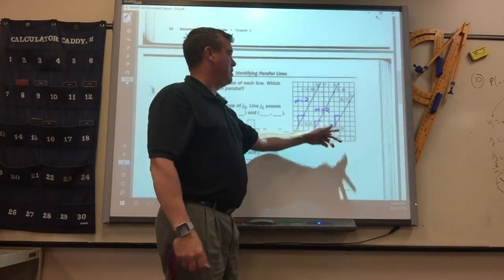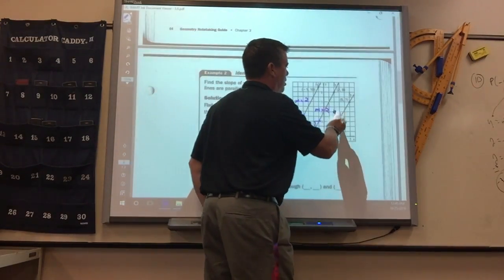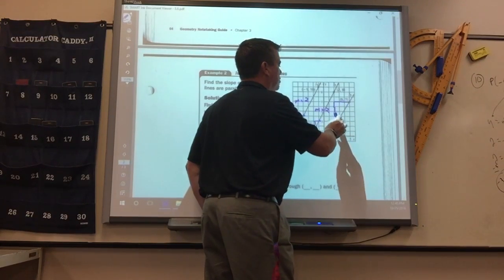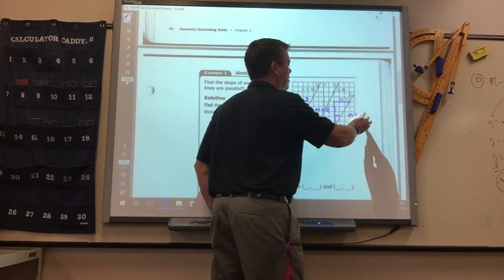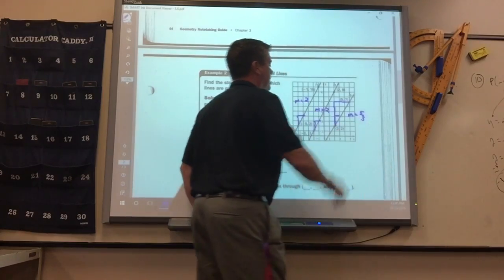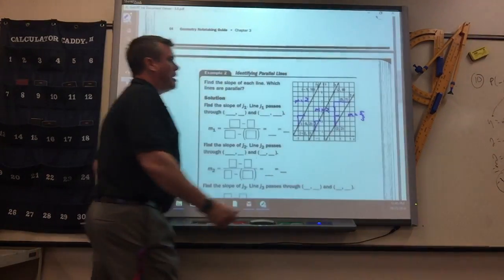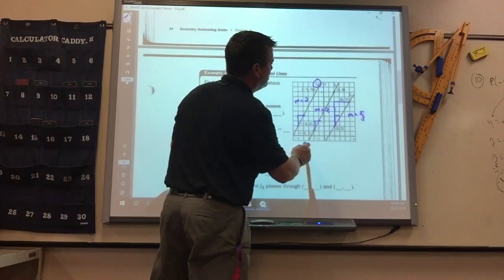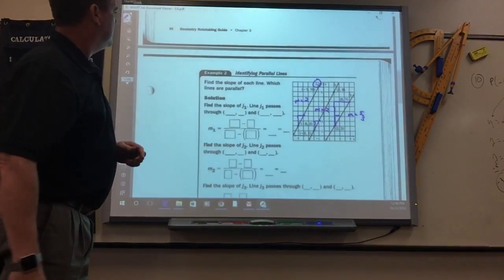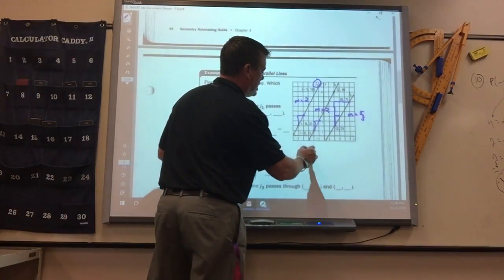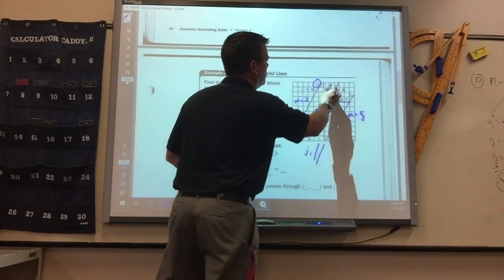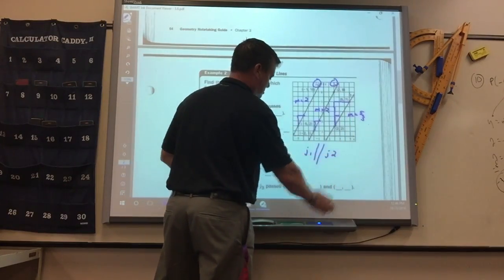So this line isn't parallel. This one I do have to go all the way up to here and over. It goes up 1, 2, 3, 4, 5 and over 3. So to identify the parallel lines, it's hard to see, but I think it's a J. Yeah. J1 is parallel to J2.